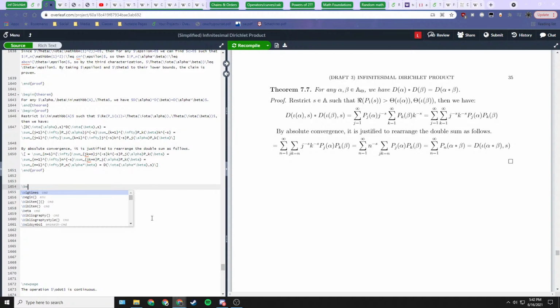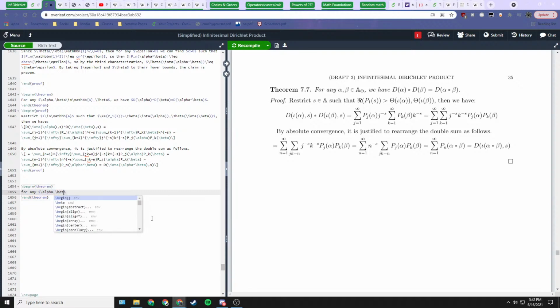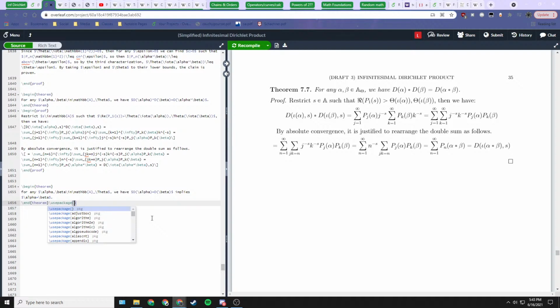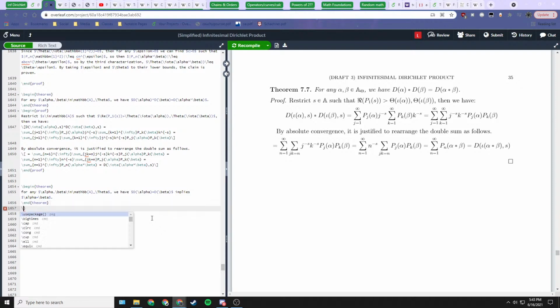Theorem: for any alpha, beta in A sub theta, D alpha equals D beta implies alpha equals beta. So it's injective.